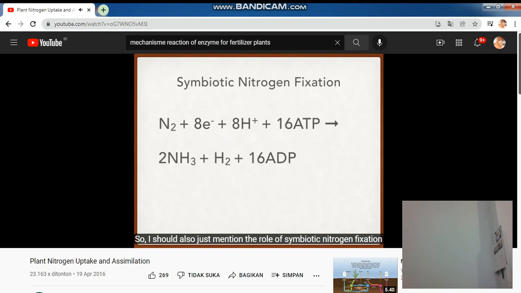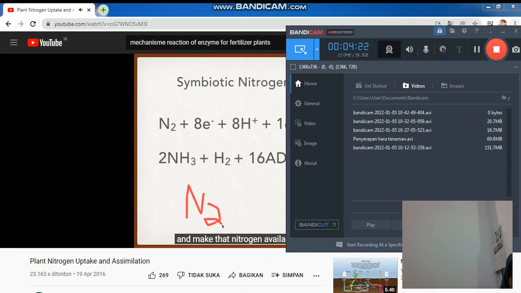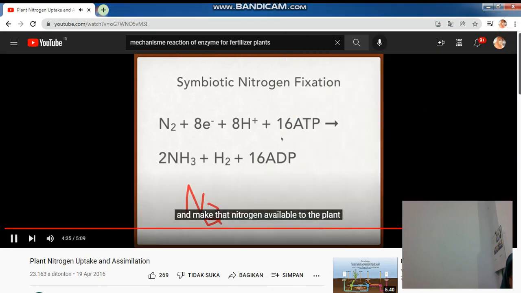So I should also just mention the role of symbiotic nitrogen fixation. The atmosphere is over 70% N2, where nitrogen molecules are bound with a triple bond. So it takes significant energy to break those triple bonds and make that nitrogen available to the plant, 16 ATPs approximately.